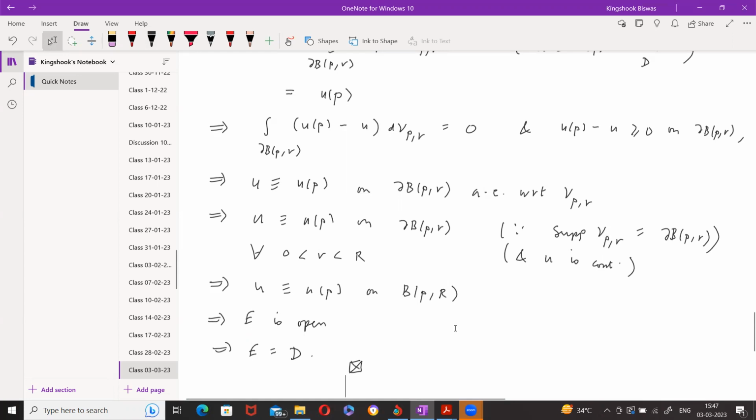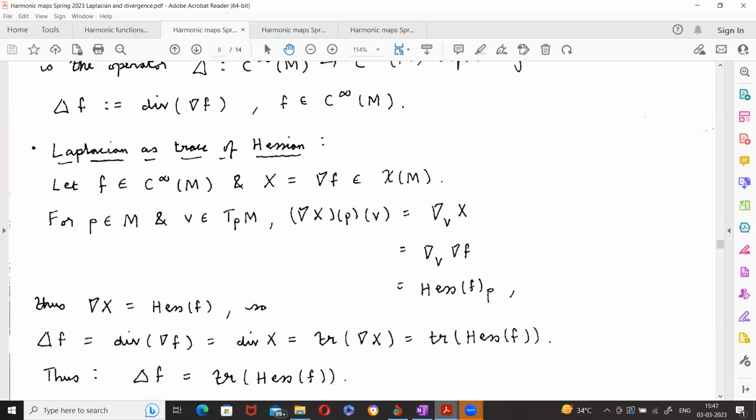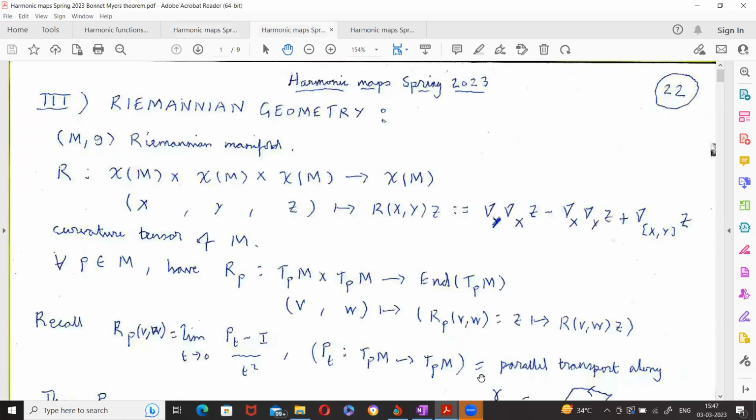Okay. So what do I want to do now? Maybe let me finish by talking a bit about the curvature tensor and some properties of the curvature tensor we'll need.